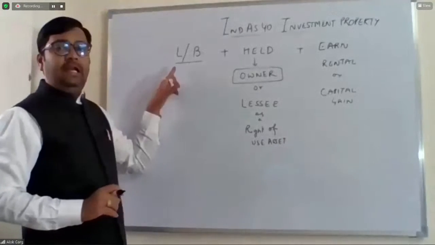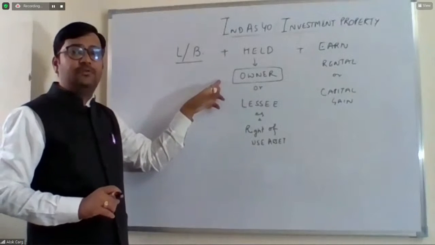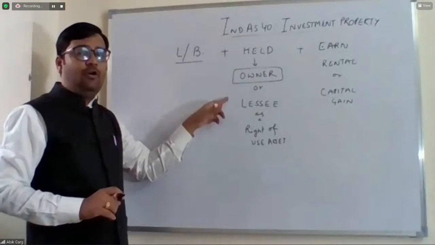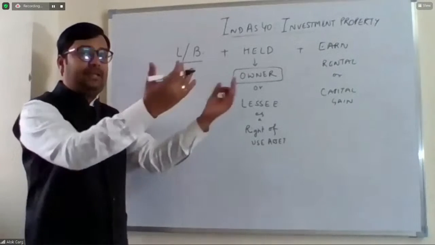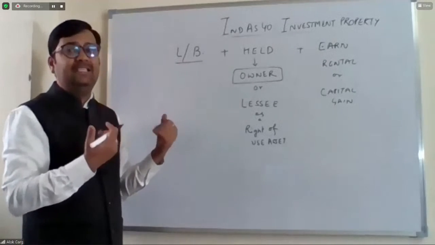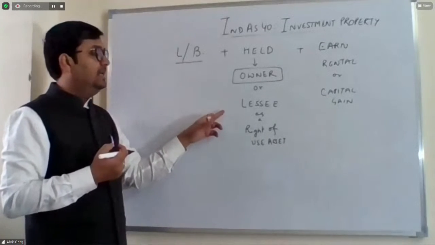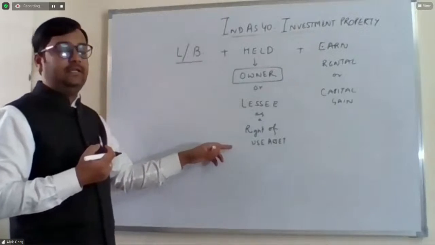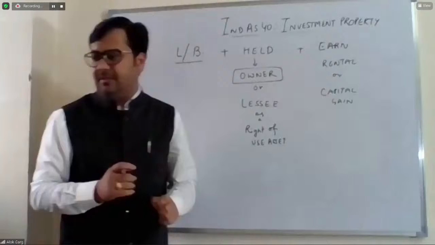So land and building held by either the owner, I mean it is purchased by the company, or by a lessee. That company has taken the asset, land and building, on a lease basis. So that company is a tenant, that company is a lessee, holding it as a right of use asset to earn rental or for capital gain purposes.